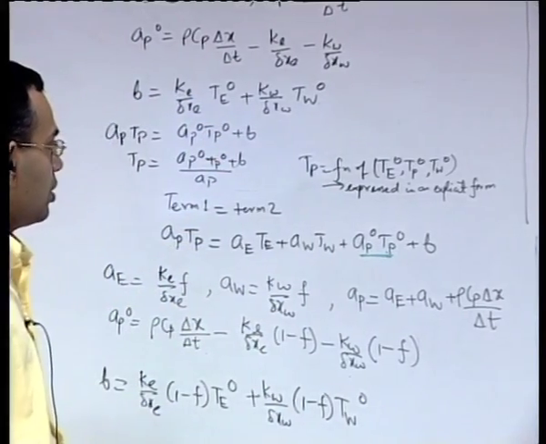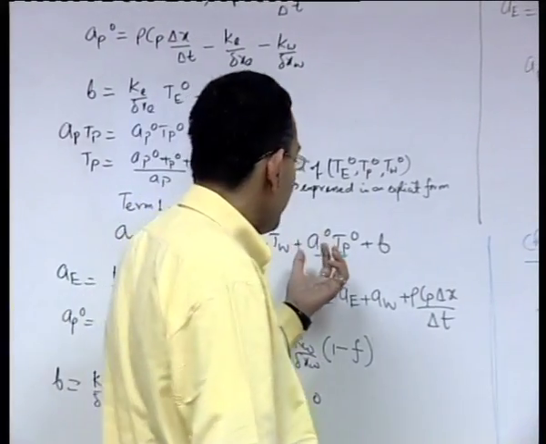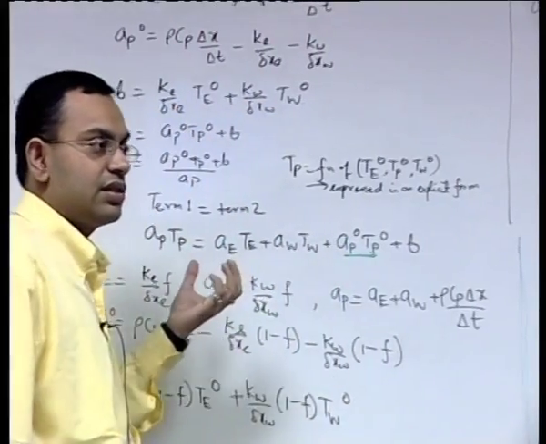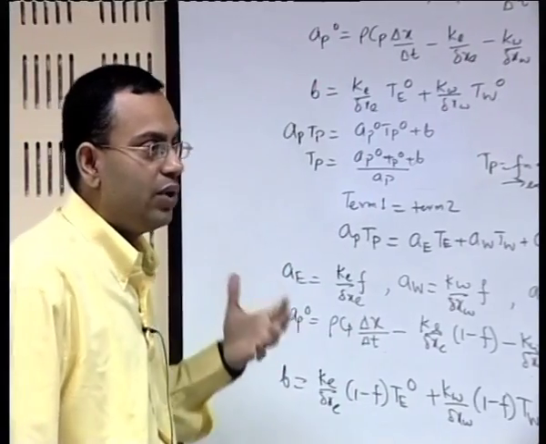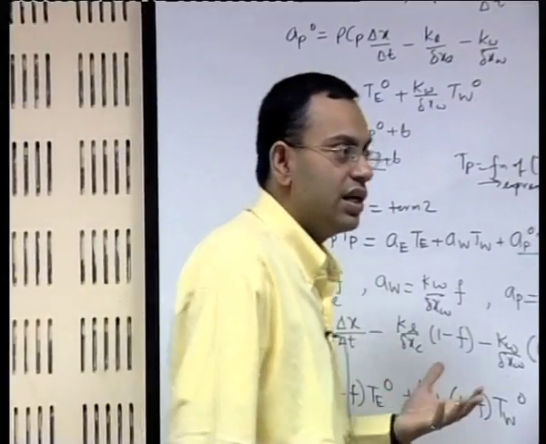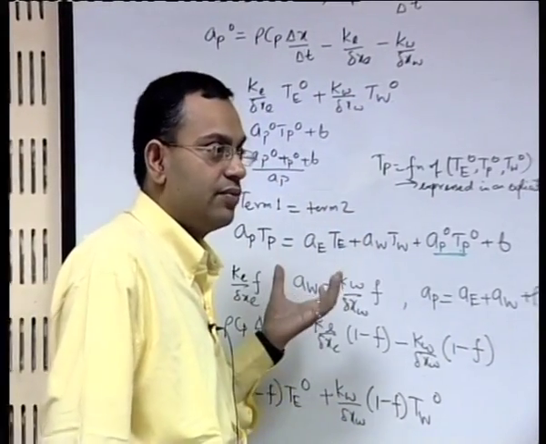Now, as we have seen, these coefficients of the discretized equations cannot have any arbitrary sign, and we have seen 4 basic rules, and one of those rules is that all the coefficients must be of the same sign.